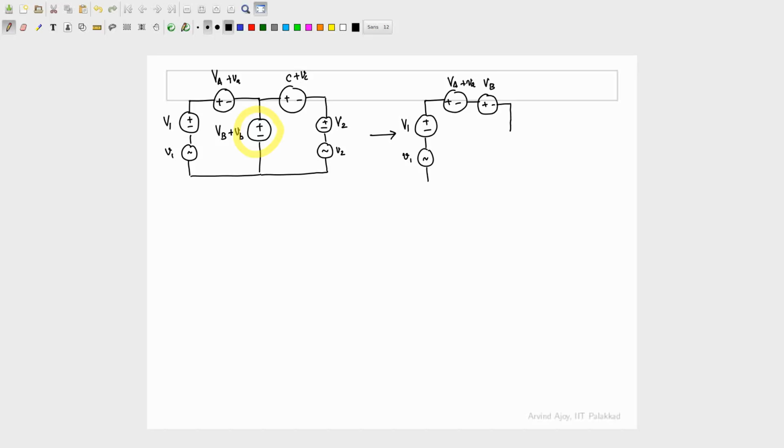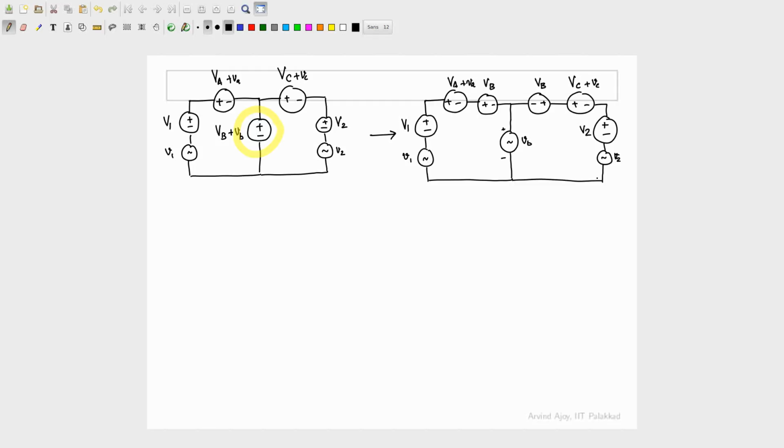I will have a small V1 here, and then I have plus minus VA plus small VA, and then we'll have just the polarity effect. Don't move the small VB part, just move only the capital VB, and retain the small VB. Let that small VB be there. That's a plus minus for the small VB.